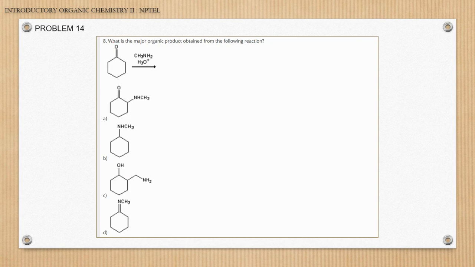Now they are asking what is the major organic product obtained from the following reaction. What is the reaction? A ketone is there, a primary amine is there, and you have to do the hydrolysis as well. So now tell me which would be the correct answer, which is the correct option.